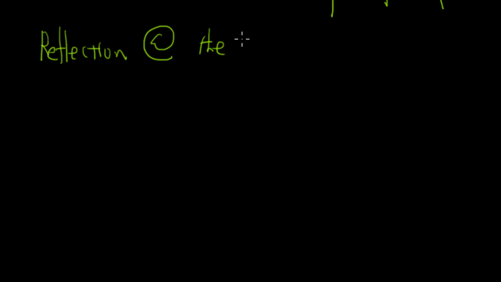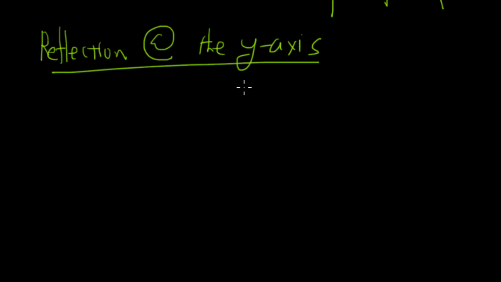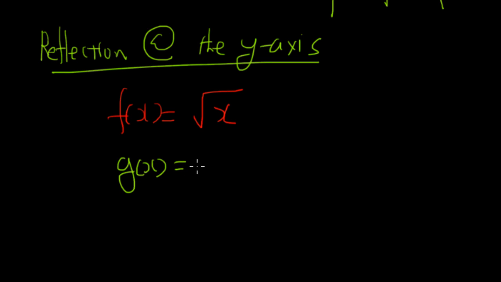Now another topic is reflection about the y-axis. So the original function, let's say, is the square root of x, and the new function is the square root of negative x.